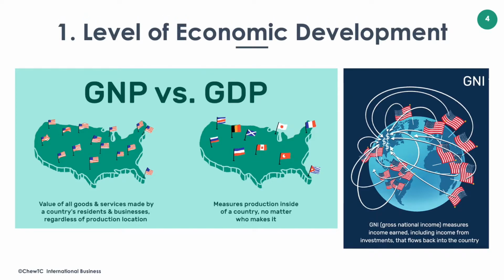Different countries have dramatically different levels of economic development. One common measure of economic development is a country's gross domestic product, GDP, gross national product, GNP, and gross national income, GNI. However, GDP, GNP, and GNI figures can be misleading because they do not consider differences in the cost of living among countries.